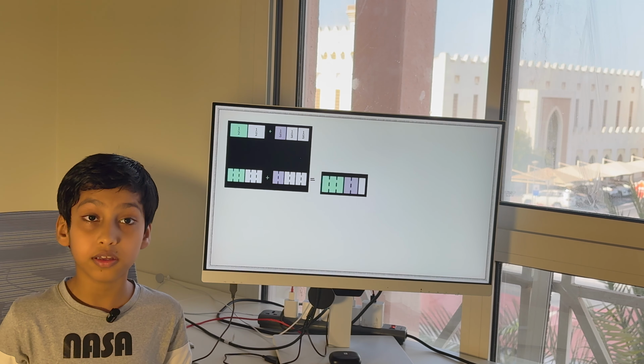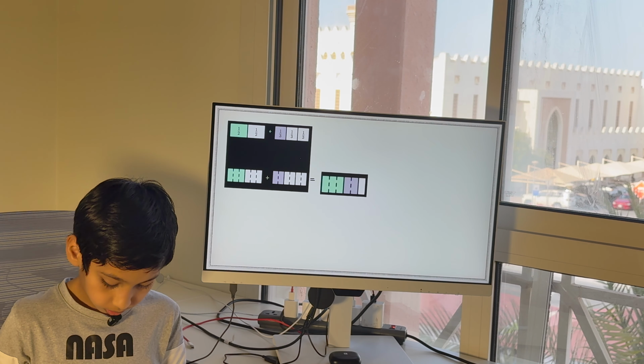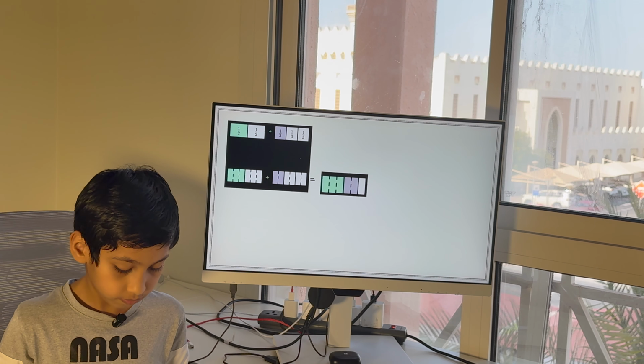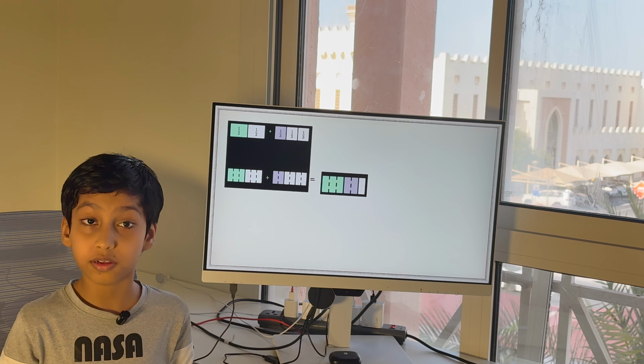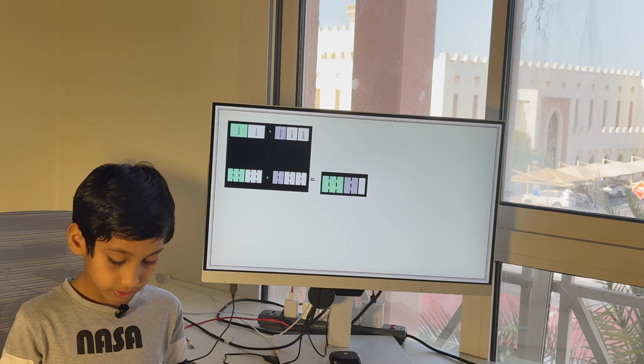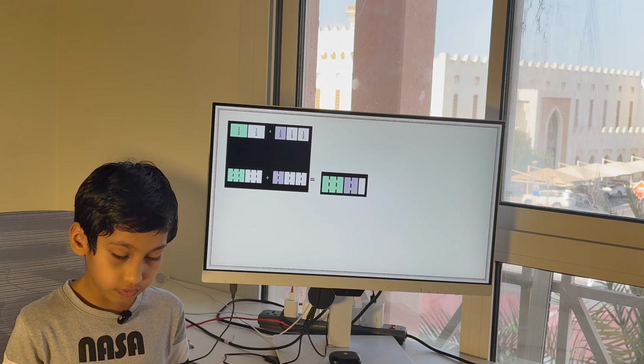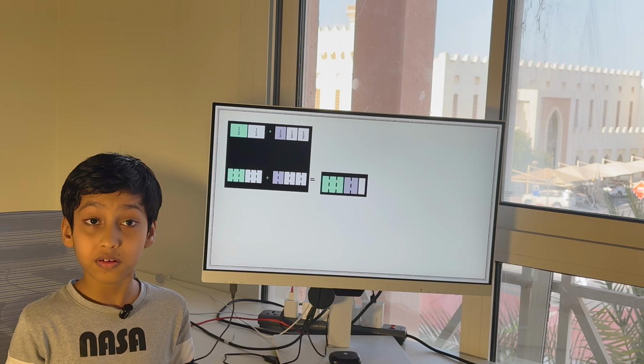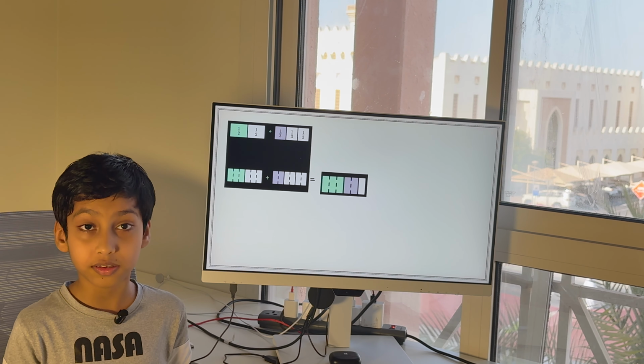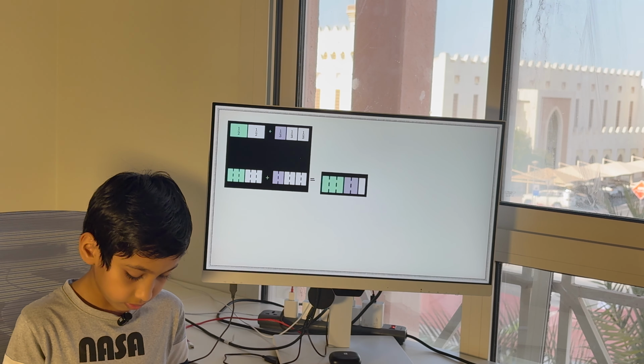Now, as you can see, here's an expression: 1 over 2 plus 1 over 3. So we have to solve this, right? Now, this might be kind of interesting. As you can see, the denominators are different.